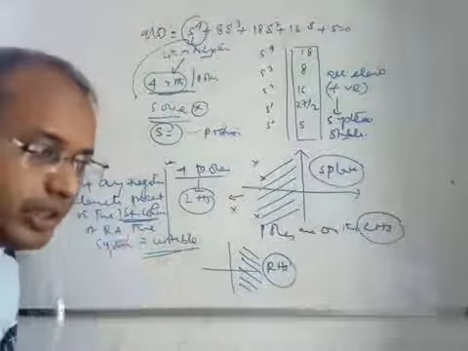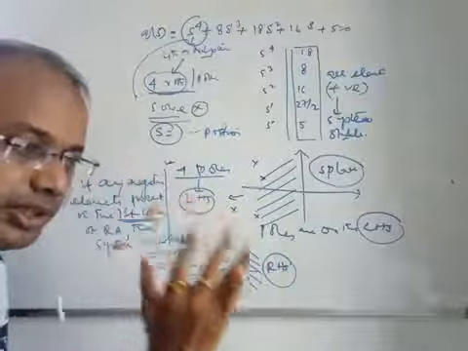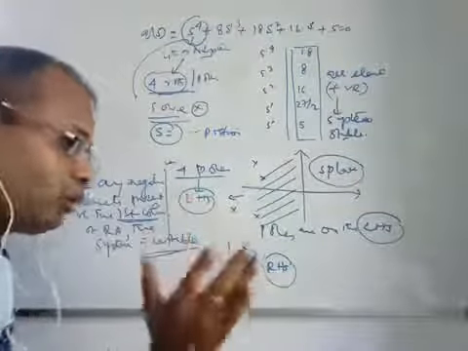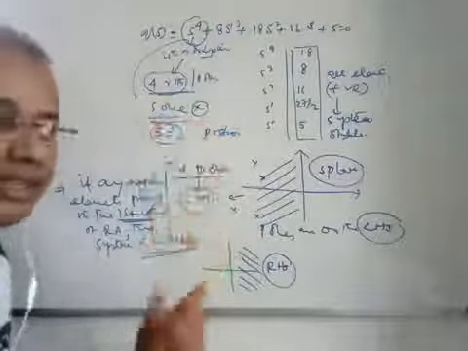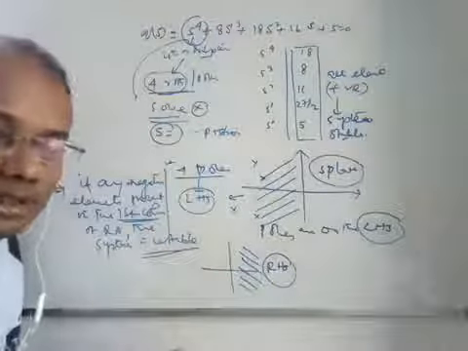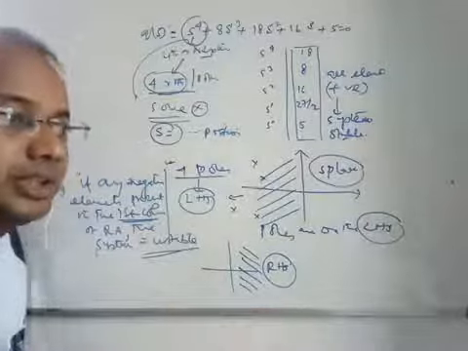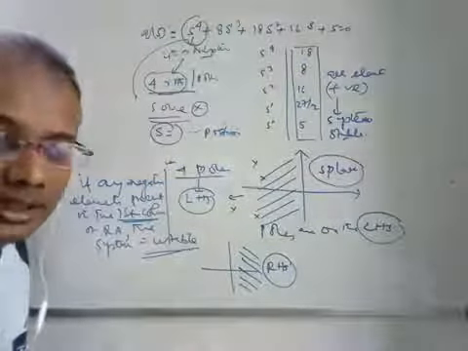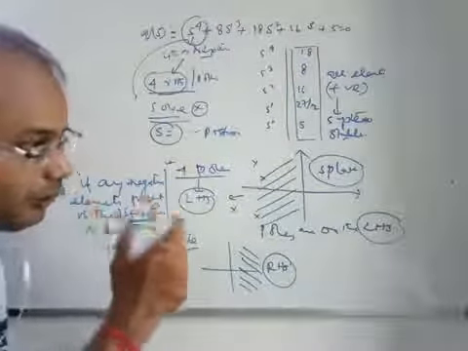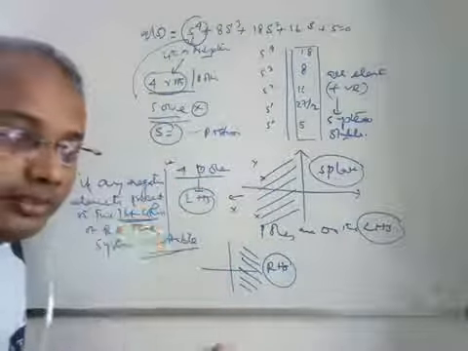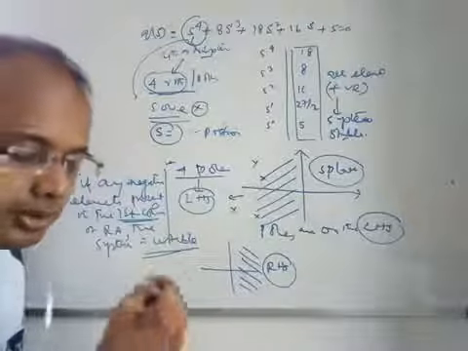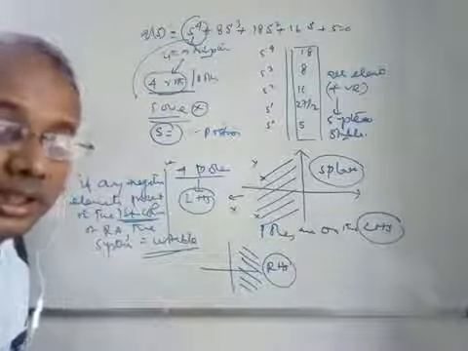If there is no negative element, the system is completely stable. That means all the poles are lying on the left hand side. If there is any negative element, the system is unstable, and definitely there are a certain number of poles lying on the right hand side. And from the Routh array, it can be said what the actual number of poles lying on the right hand side of the plane is.